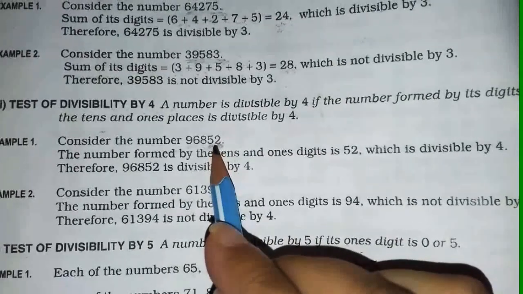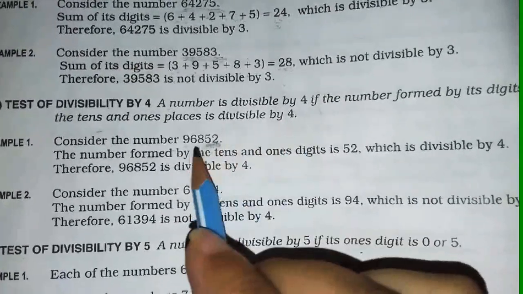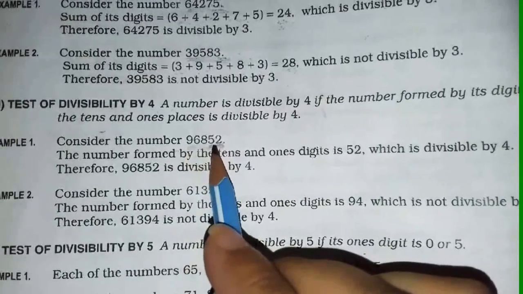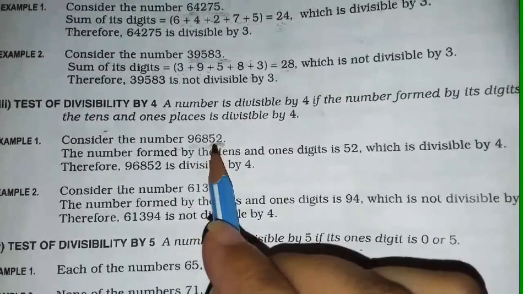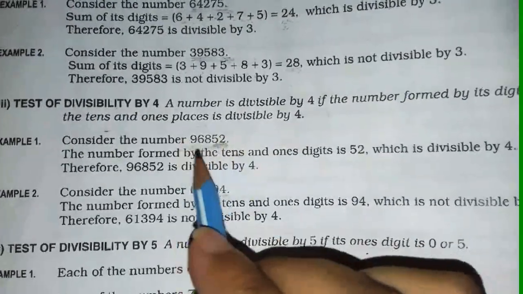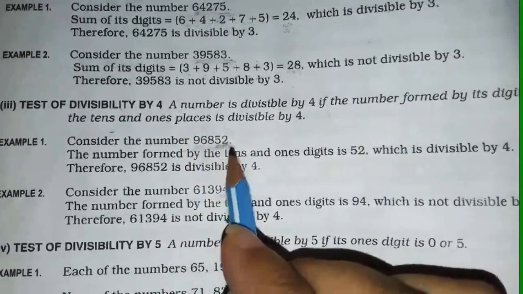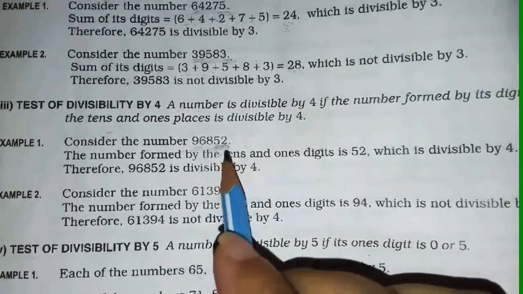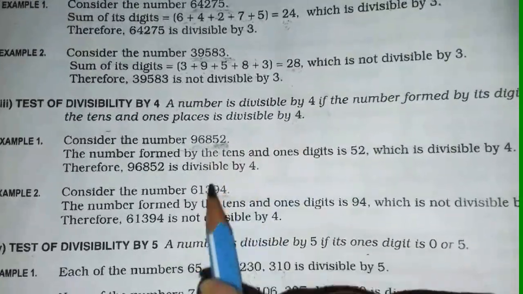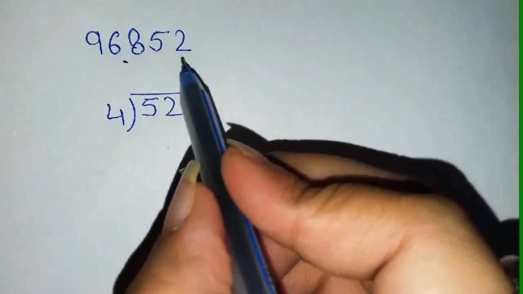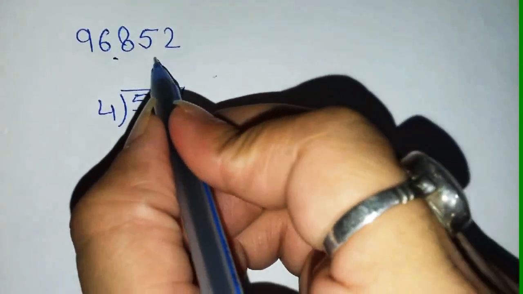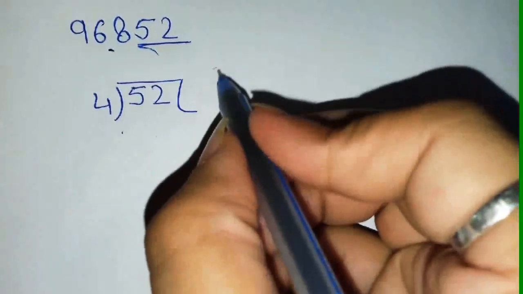If 52 is divisible by 4, then the number is also divisible by 4. If 52 is not divisible by 4, then the number is also not divisible by 4. So let's check whether 52 is divisible by 4 or not. 4 ones are 4.